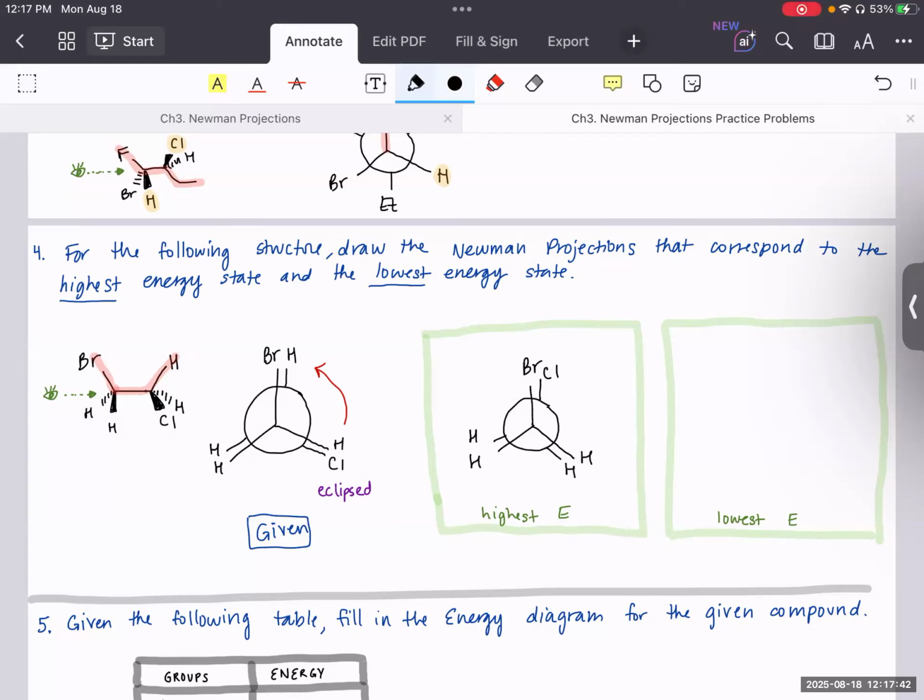To get the lowest energy, we would want to do the opposite. So we would want to have that chlorine and the bromine be on opposite sides from each other. And so again, we're going to keep that front carbon the same. We have bromine, hydrogen, hydrogen. And then we're going to want a staggered conformation where that chlorine is placed as far away as possible from the bromine and are on opposite sides.